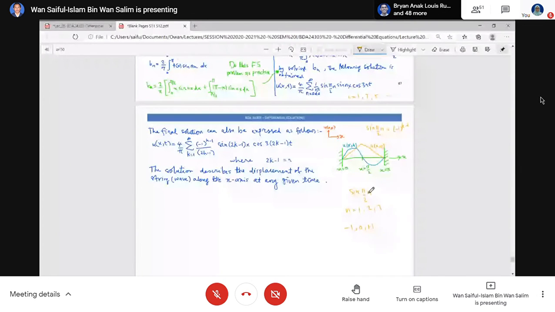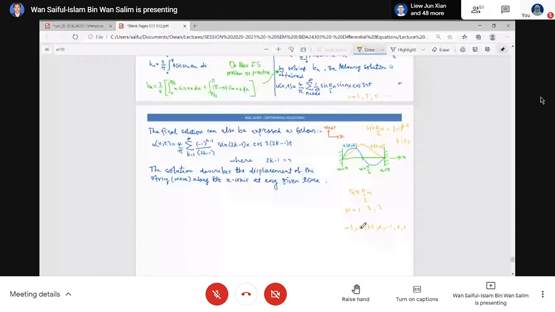So 4 over 2 times pi becomes 2 pi. So that is 0 again. And it keeps repeating, 1, 0, minus 1, 0, 1, 0, minus 1, 0, and so on and so forth. So this behavior can be represented by minus 1 to the power of k minus 1, where k is 1, 2, 3, 4, 5, and so on. For this case, we don't want this.